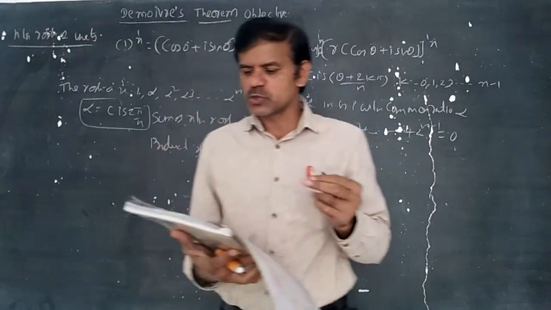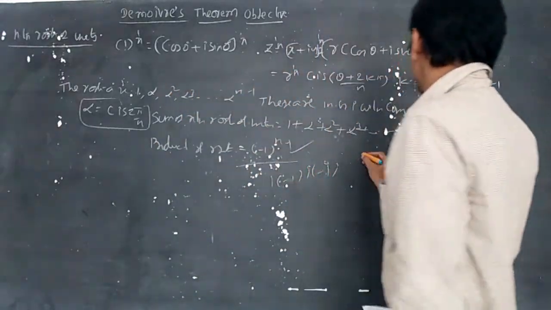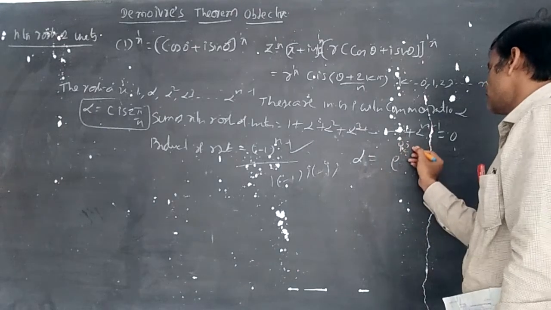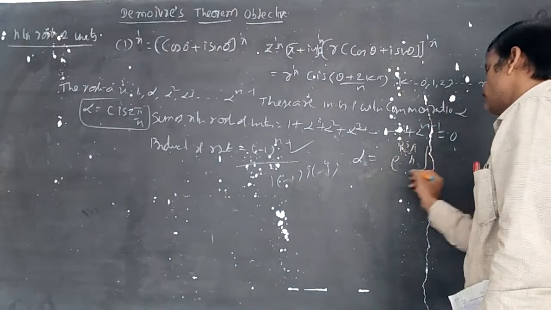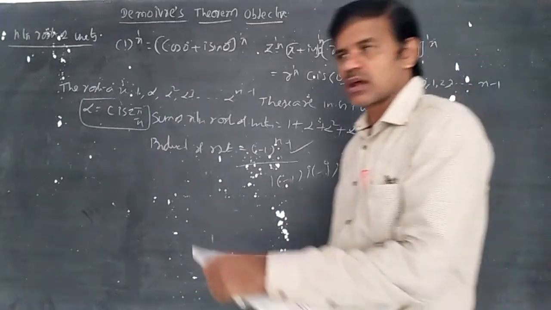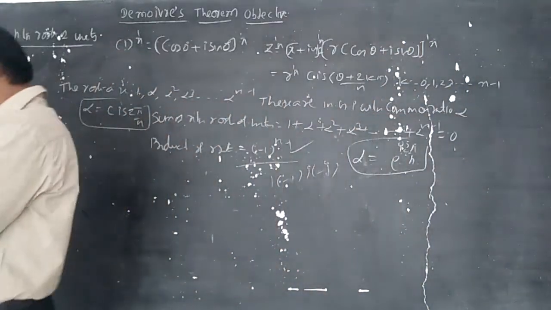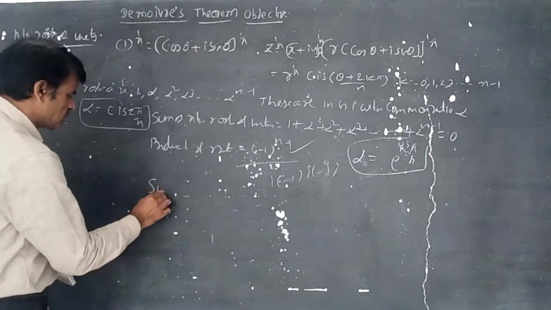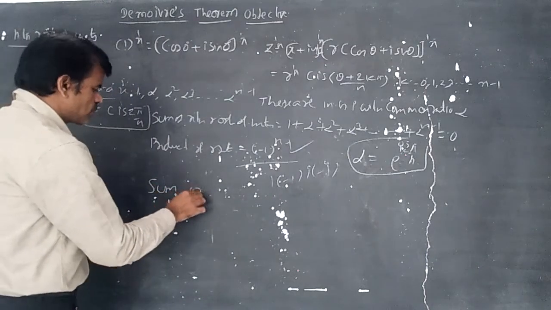Where alpha is equal to cis 2 pi by n, this can also be written as e power i into 2 pi by n. Sum means sigma, product means pi.